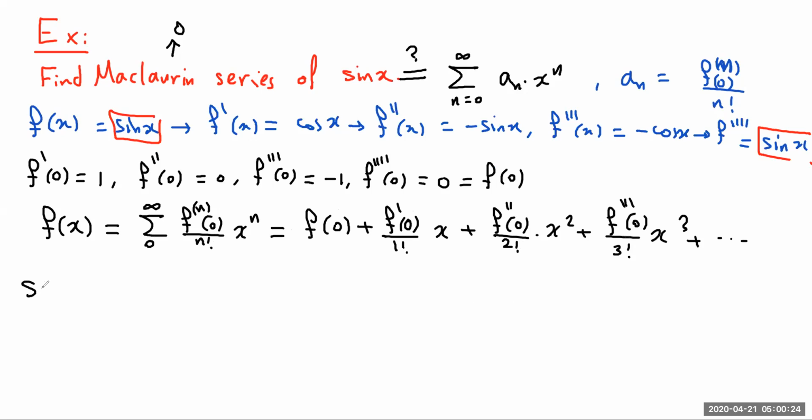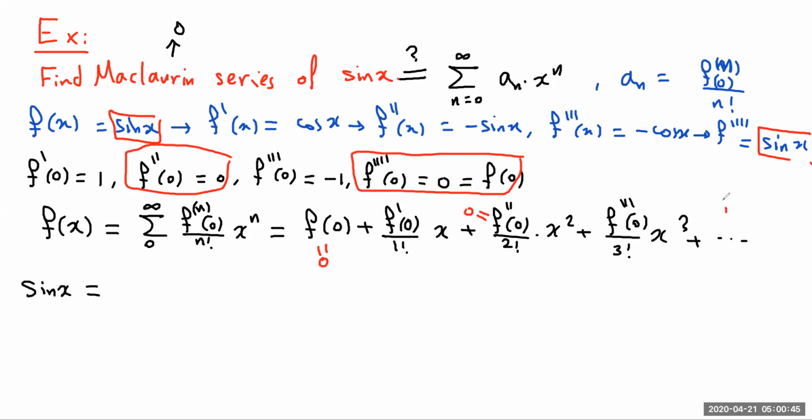So f, which is sine x, equals f(0) here. Let's write the 0 in red. This is 0. And this term also, the second derivative is 0 from here. And the fourth derivative is 0 also from here.